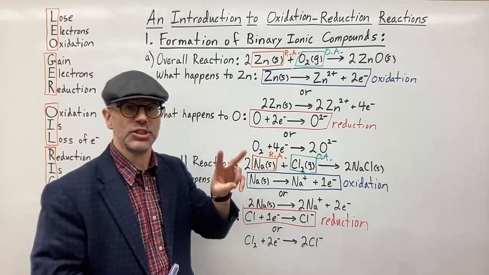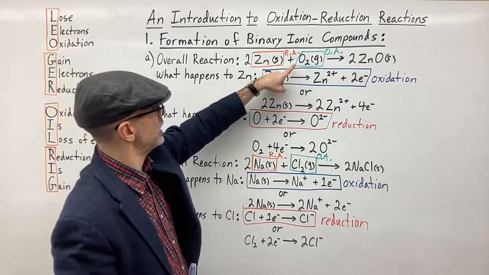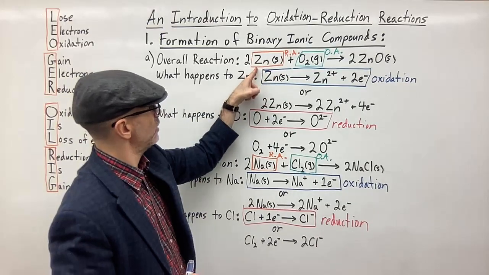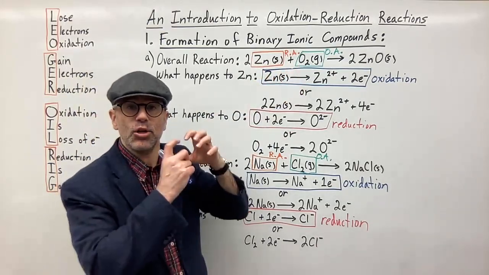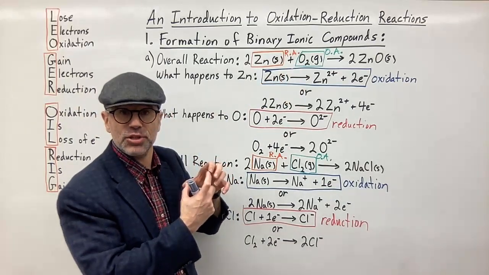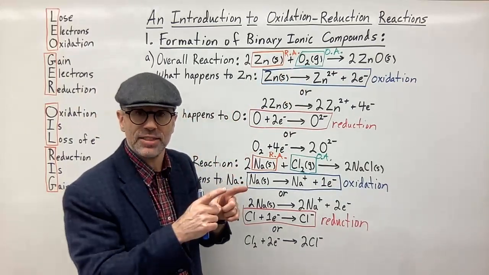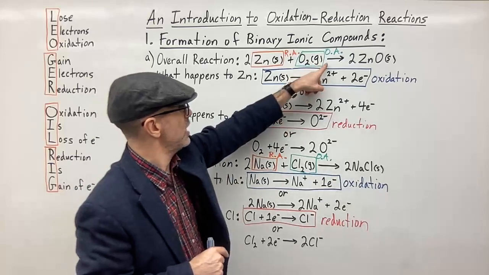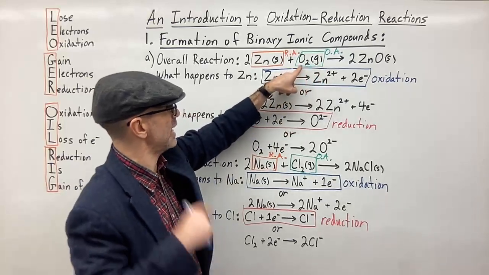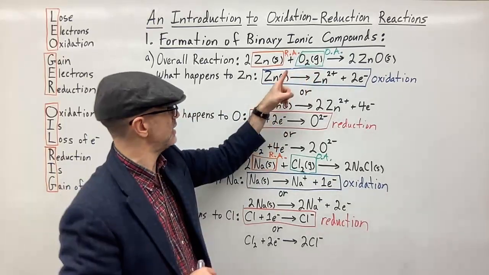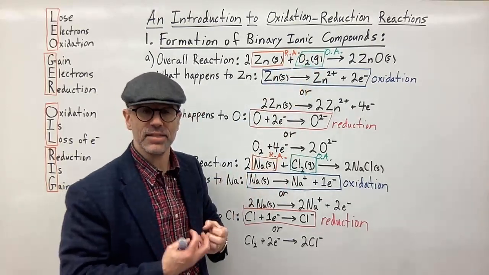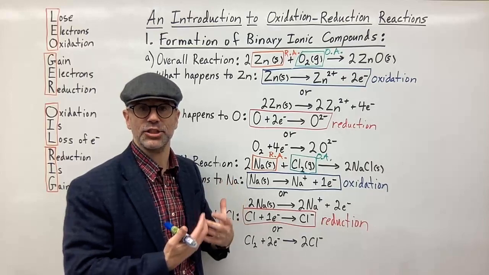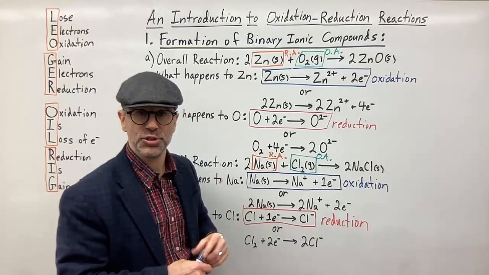Each atom of oxygen is being reduced by the zinc. But the single atom is not the reducing agent. It's the O2 that's the oxidizing agent in this case. So the oxidizing agent is not the oxygen atom. It's the whole molecule O2 that contains the atoms of oxygen that are being reduced, right?